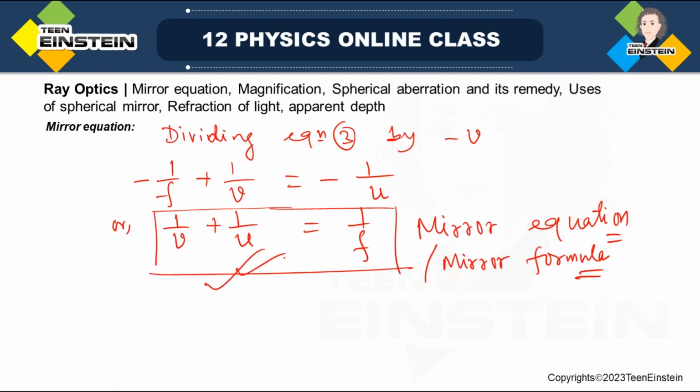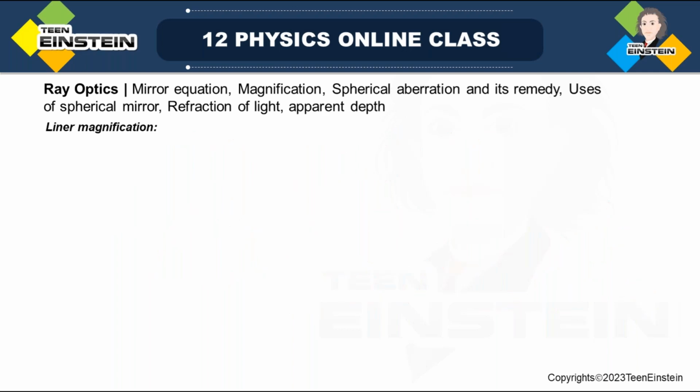I'm doing a very simple calculation, but you need to take u, v, and f with proper sign. I'll take a numerical example after defining linear magnification.